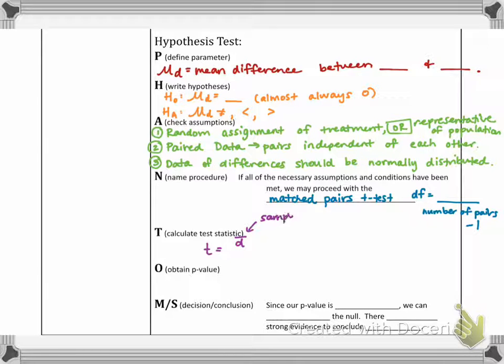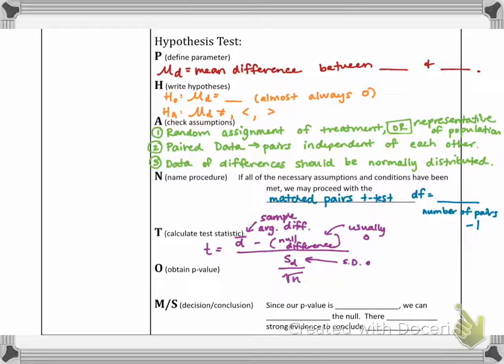You start with your mean difference from your actual sample, subtract the difference from the null hypothesis, that's the one that's usually 0, and then all divided by that standard error, which is s over the square root of n, or the standard deviation from your sample of differences, divided by the square root of n, which is the number of pairs. And so that formula is, again, we're starting with our sample minus the hypothesis over that standard error, and those test statistics are always found in that same sort of manner.